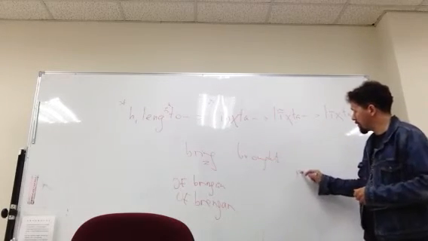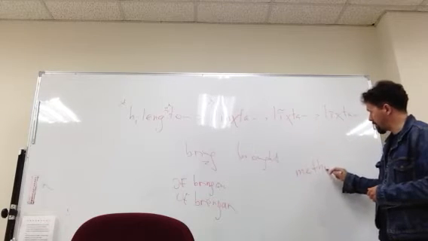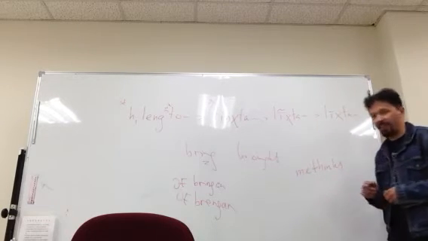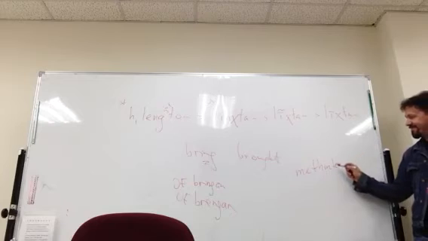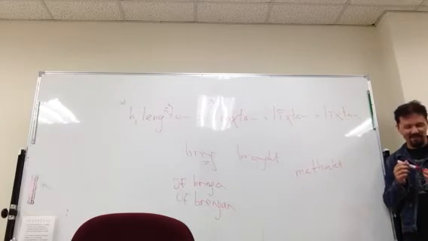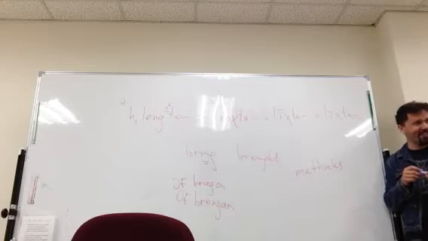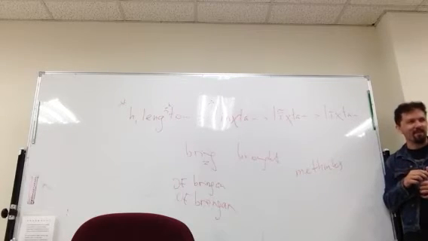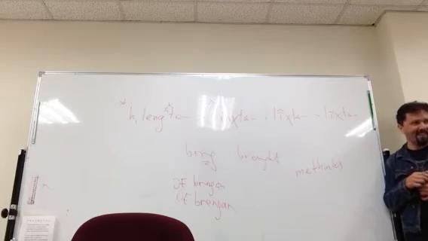So, have you seen this expression ever in the text? Methinks. Methinks. Have you seen this ever? Well, you read modern texts. Read something older, read Shakespeare. Methinks, can you guess what it means? I think.